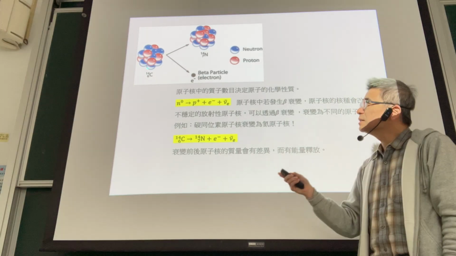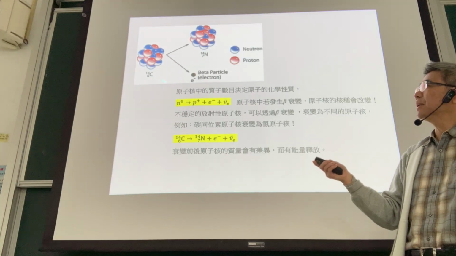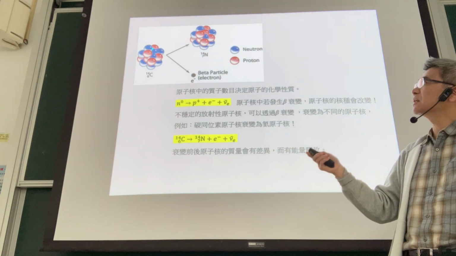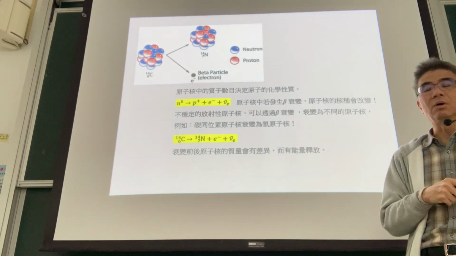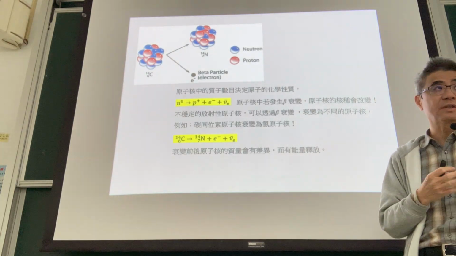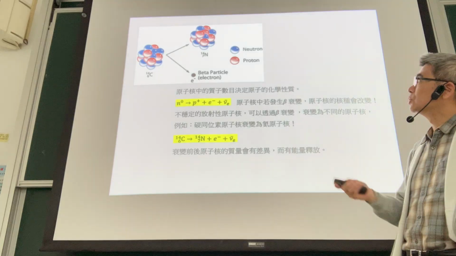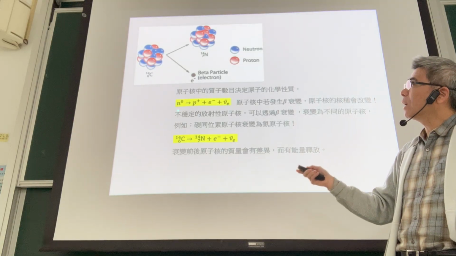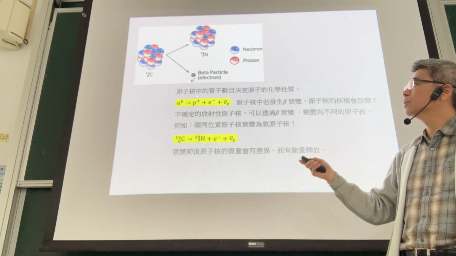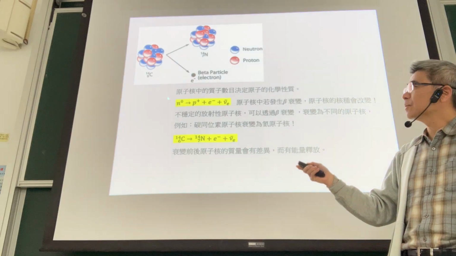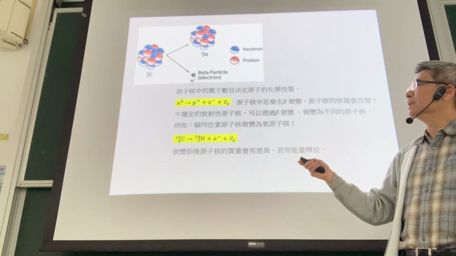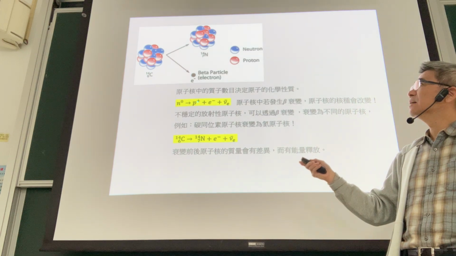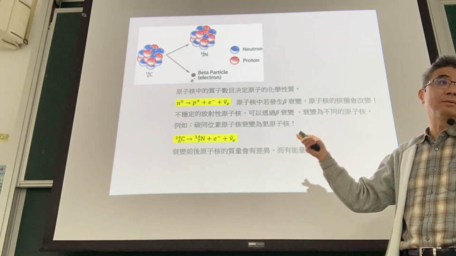So the isotope carbon, as I say, has 2 more neutrons than the normal carbon, so it's very, very unstable. It prefers to transform one of the neutrons into a proton. If one of the neutrons transforms into a proton, then it becomes a normal nitrogen.